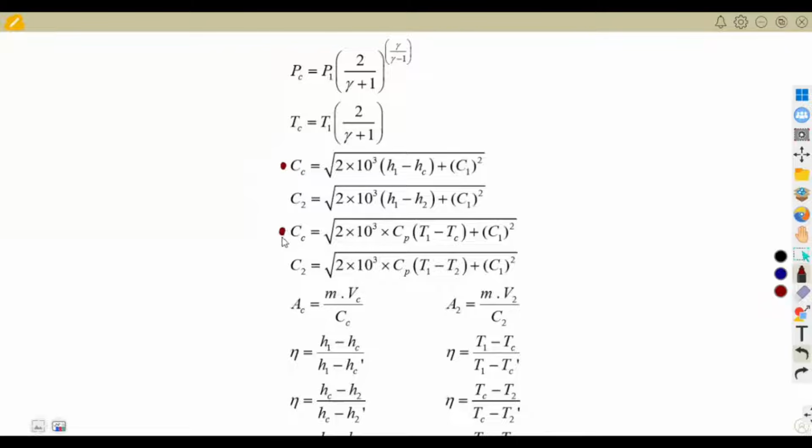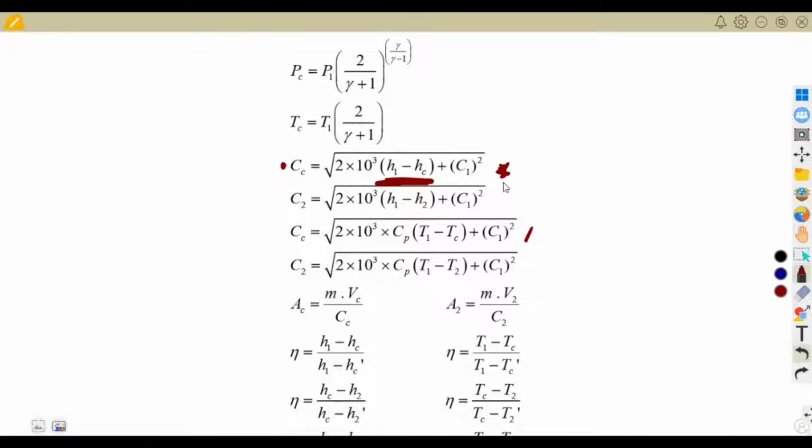The one where you are given the temperatures is the one you use when you are dealing with a gas. But if you're dealing with steam, this is the formula that you're going to use, whereby you apply the enthalpies.